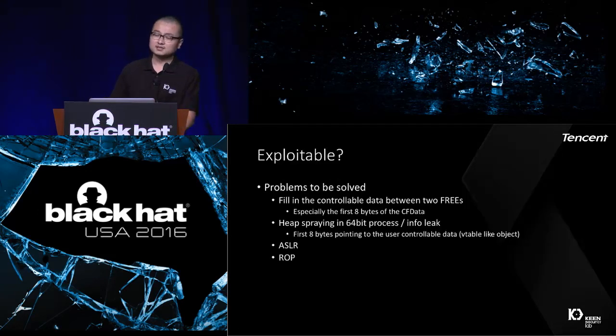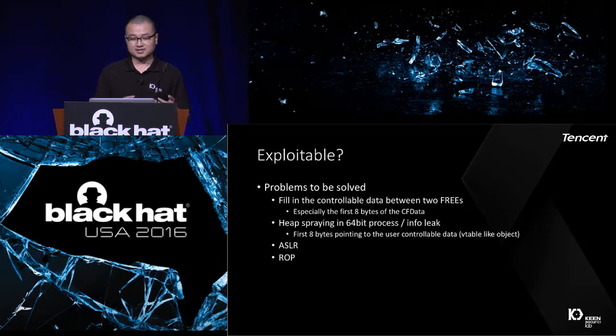But let's think about whether it is exploitable. If you want to exploit this bug, several problems must be solved. One is that you have to fill in the data into two CF frees. This is the first problem. And the second problem is that you have to do a very effective heap spray in a 64-bit process.